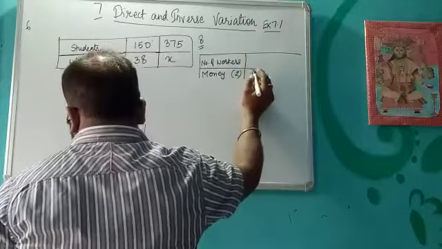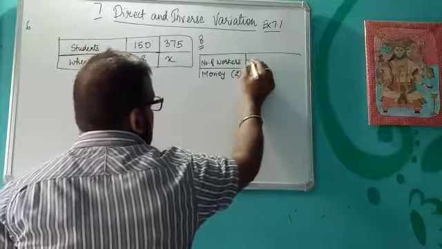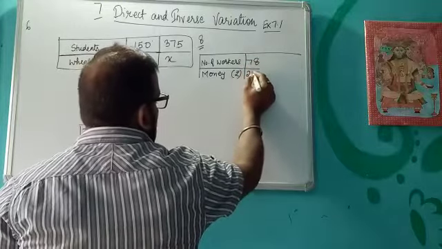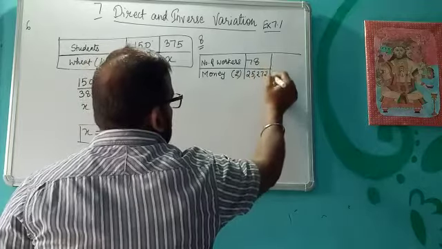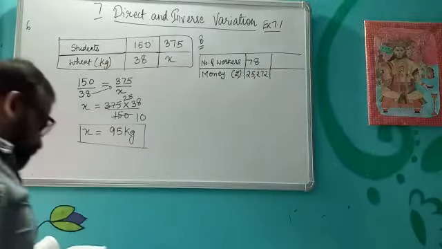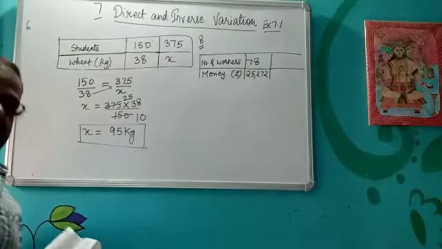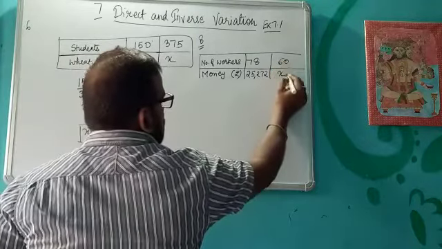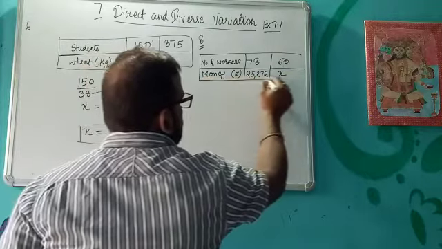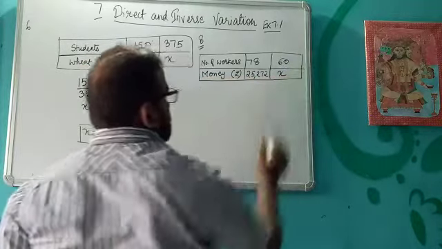So when the number of workers was 78, the company is spending 25,272 rupees. Now what happens if there were 60 workers? If 60 workers were there, how much will the company spend? So again I am assuming that as x.